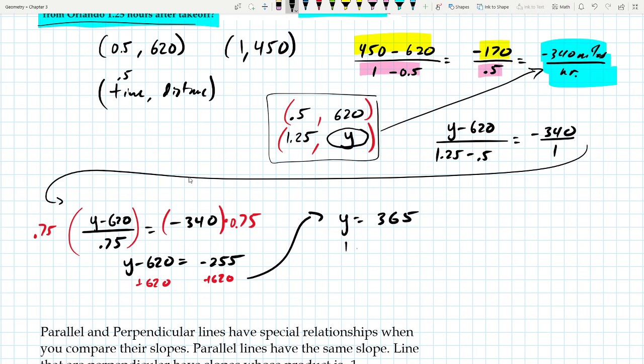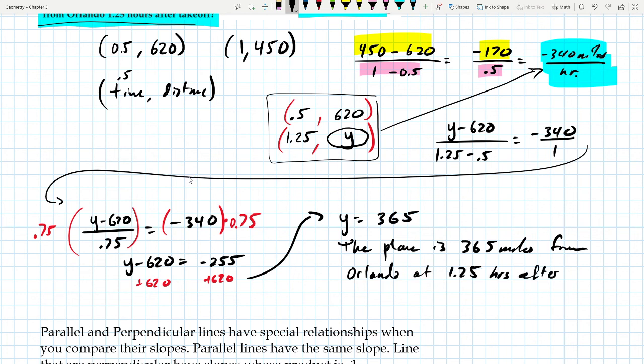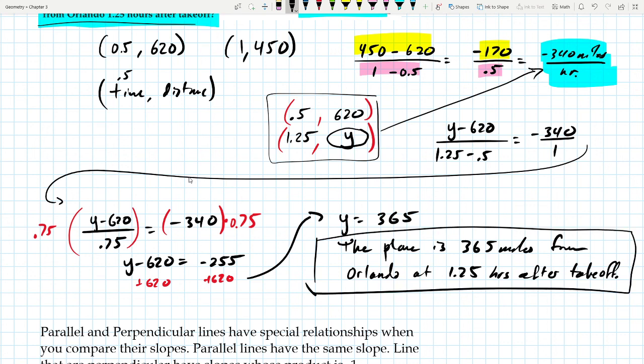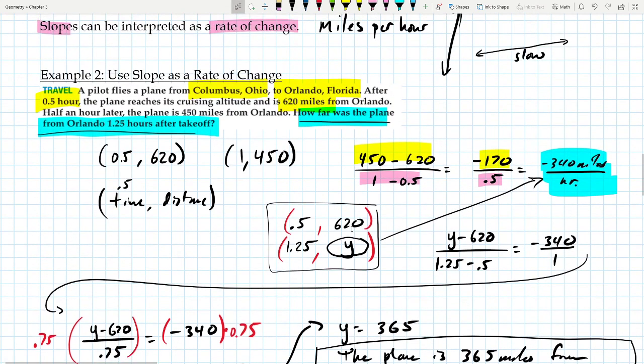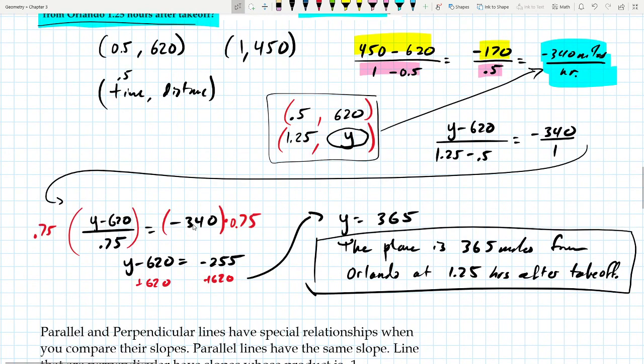So the plane is 365 miles from Orlando at 1.25 hours after takeoff. And we can stop and check to see if that answer makes sense by reading the original problem. Half hour after takeoff, it was 620 miles away. Another half hour later, an hour later, it's 450 miles away. So a little bit beyond that should be even closer, and you can see 365 is a little bit closer.